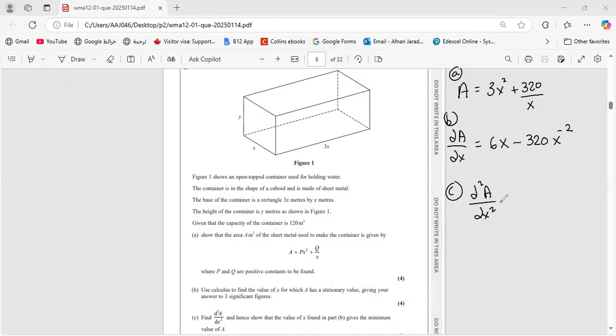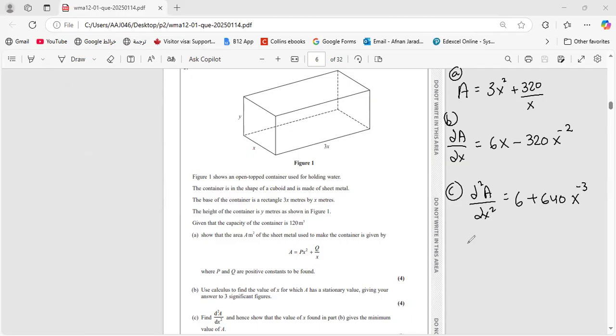The second derivative, d squared A over dx squared, equals 6 plus, negative 320 times -2 which is positive, 640x to the power of -3.